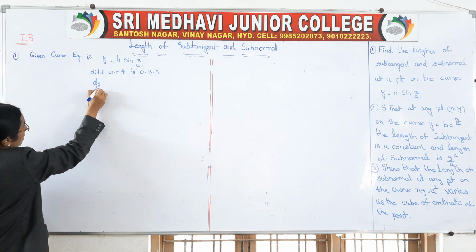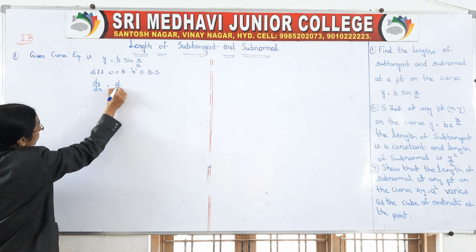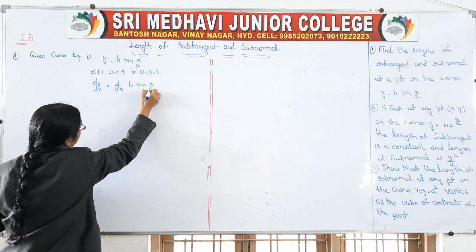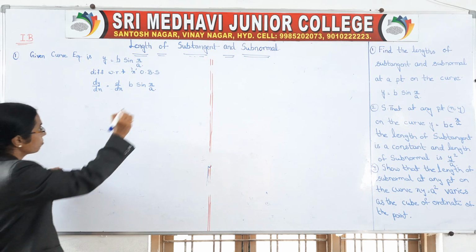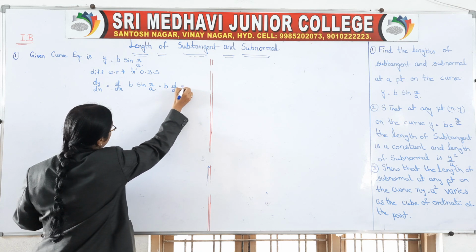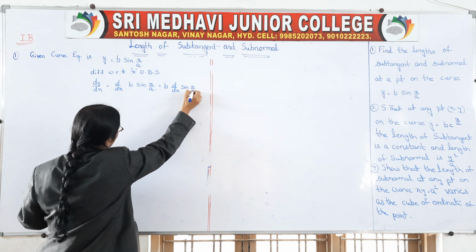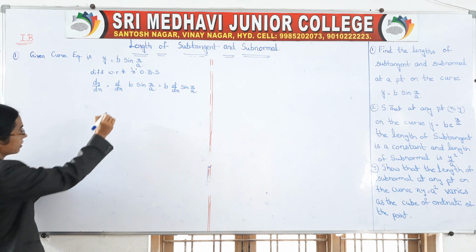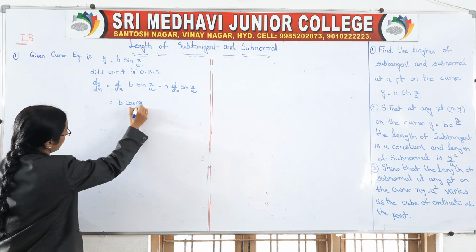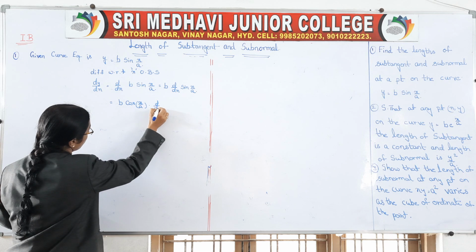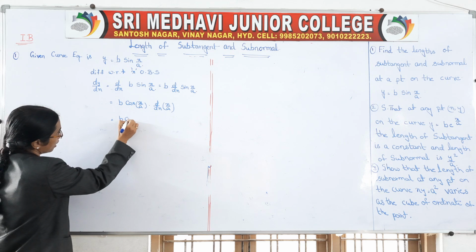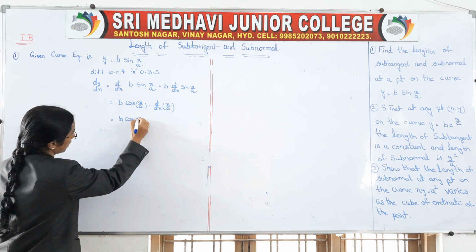It is dy by dx is equal to d by dx of b into sin of x by a. Okay, so b is a constant. We can write it outside: d by dx of sin of x by a. So d by dx of sin is cos, right? So b into cos of x by a into d by dx of x by a.